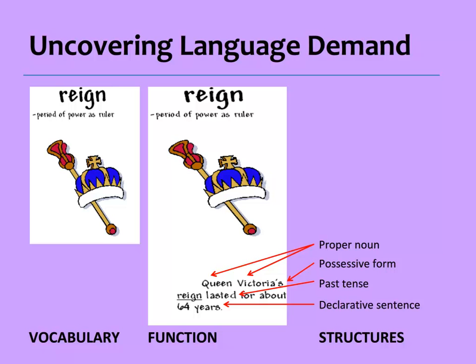For instance, students need to be familiar with proper nouns, possessives, past tense, and declarative sentences. They need to know that sentence order is a subject followed by a verb, and that lasted is a verb that conveys a time period, which is a less commonly used meaning for the word last.